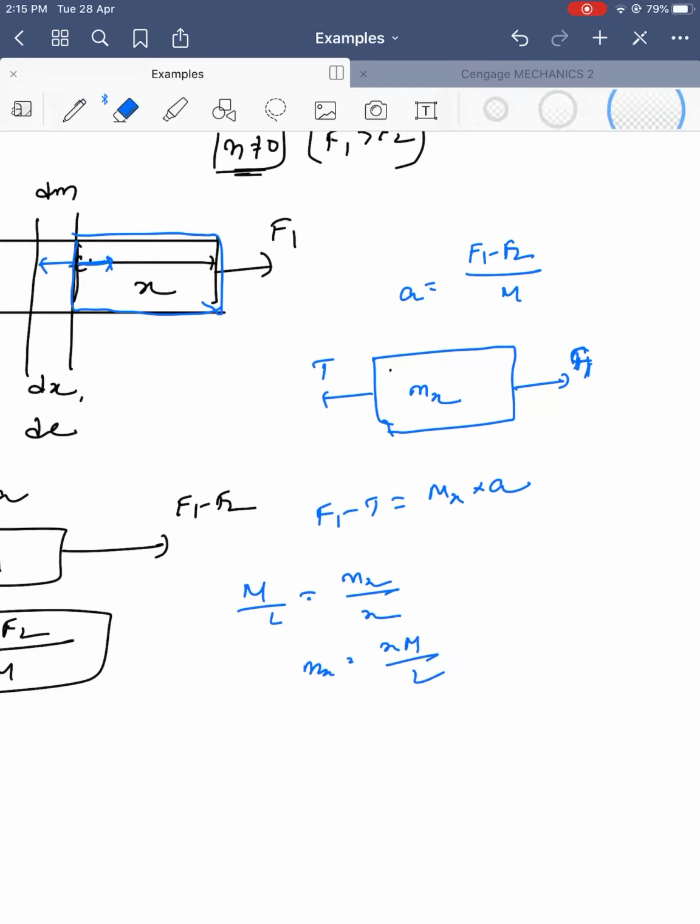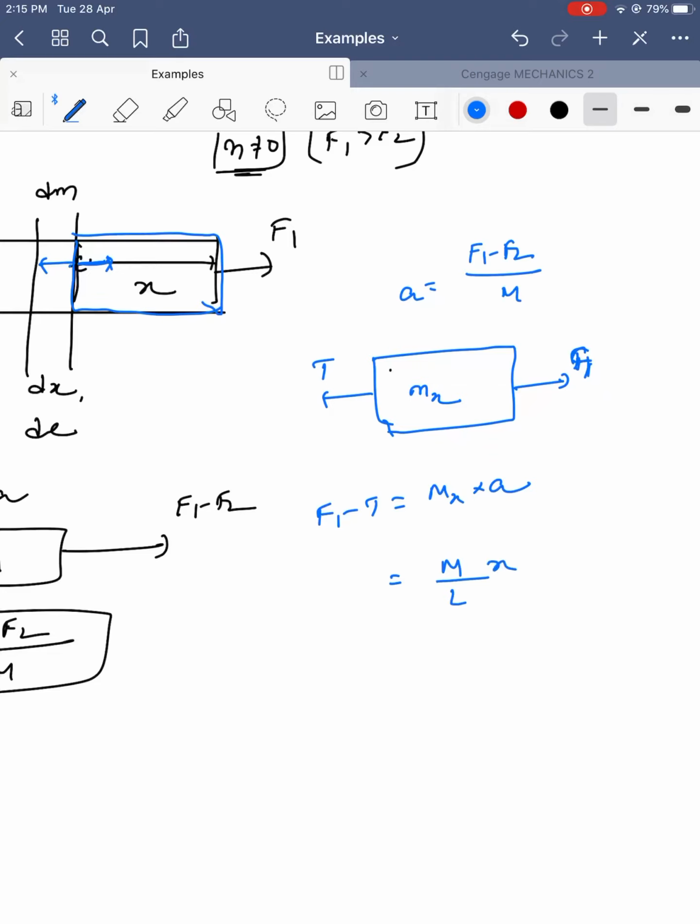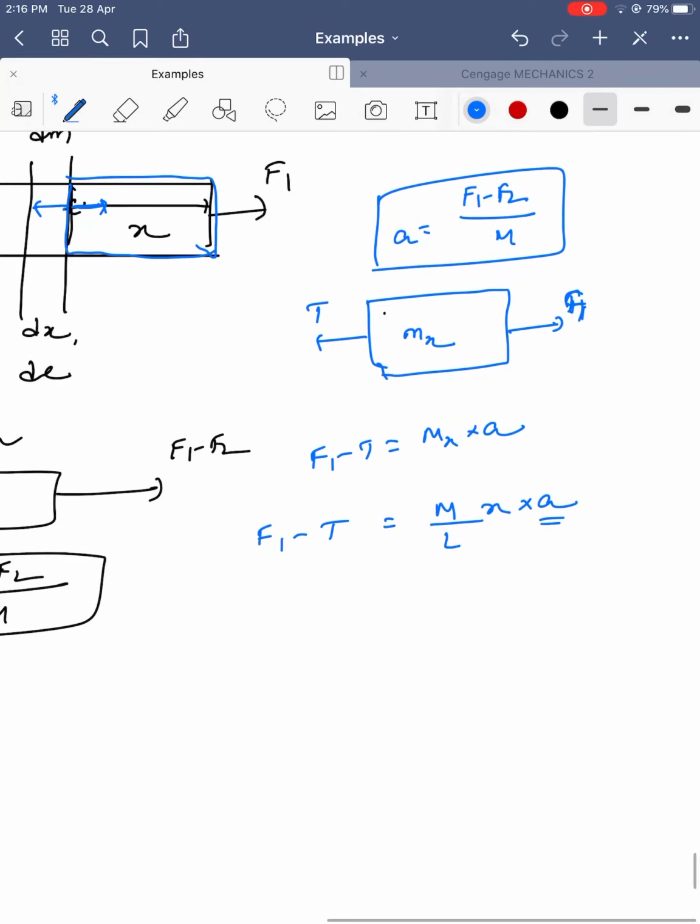I am replacing it, erasing this part. So m by L into x into A, F1 minus T. What is the A value? A is equal to (F1 minus F2) by m.